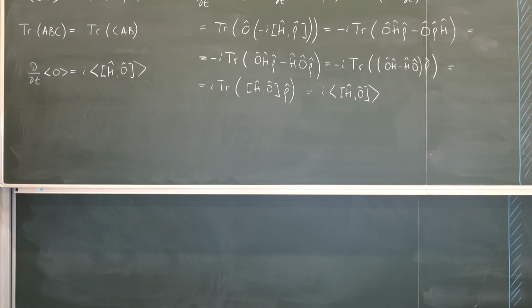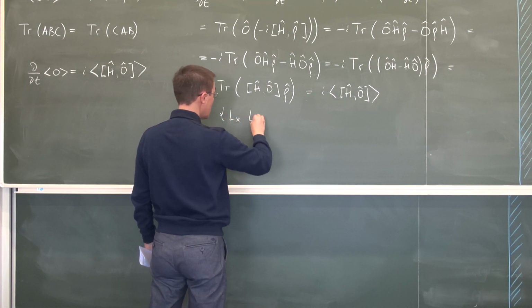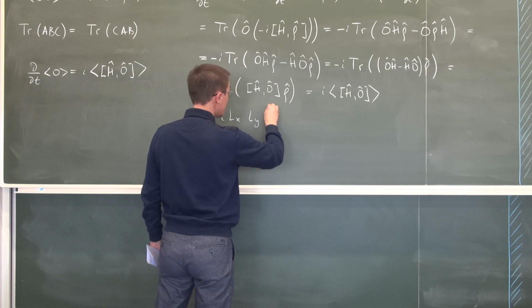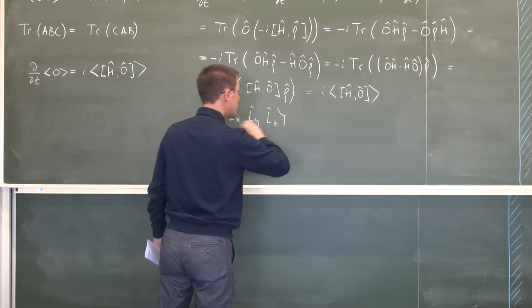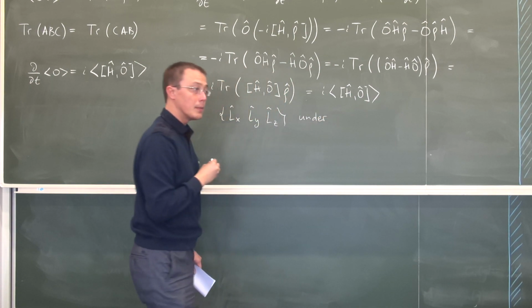So, what I will now do is I will start using this to derive, for example, Bloch equations. So why don't we start with deriving the equations of motion for Lx, Ly, Lz, spin operators, under just the standard Zeeman Hamiltonian.